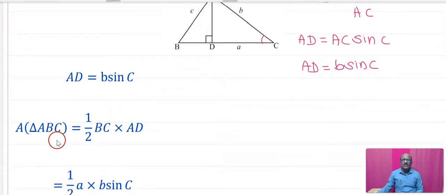Now what is the area of the triangle? Area of triangle ABC is equal to 1 upon 2 BC into AD. BC is the base and AD is the height.